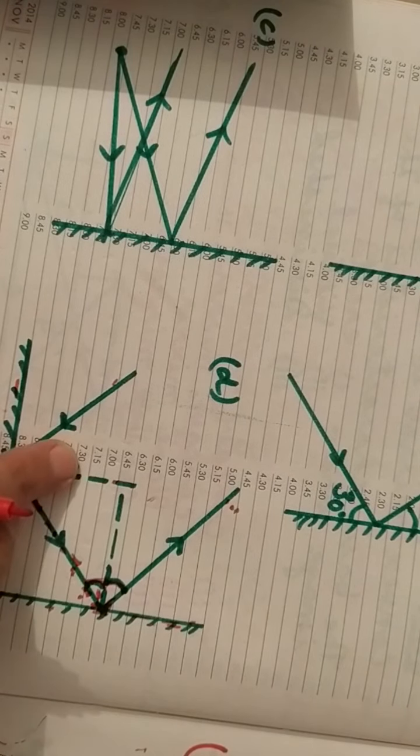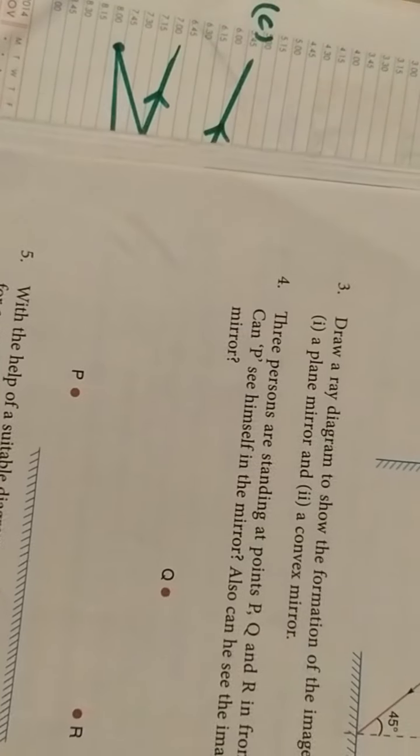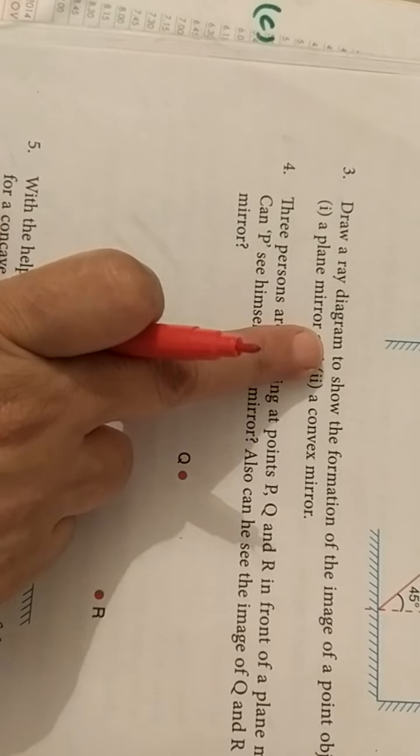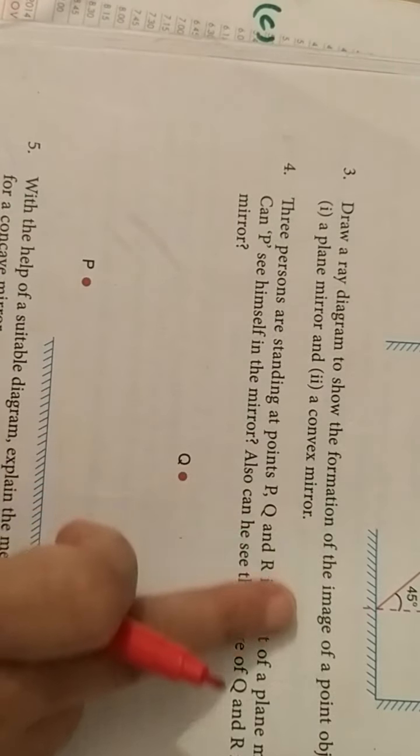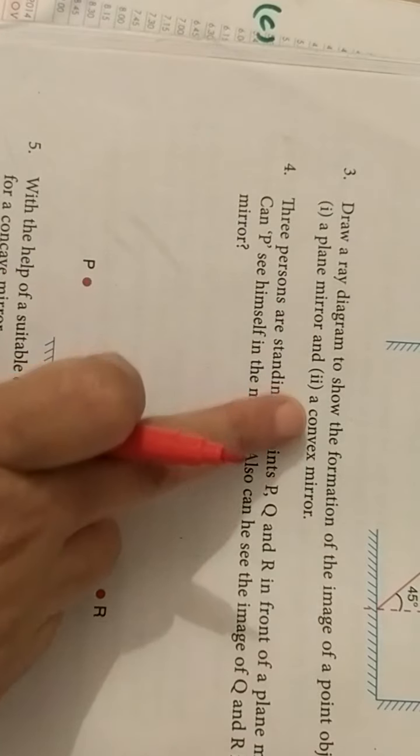Okay. Now we will proceed towards question number 3. See what is the question given in question number 3. Draw a ray diagram to show the formation of the image of a point object by a plane mirror and a convex mirror.